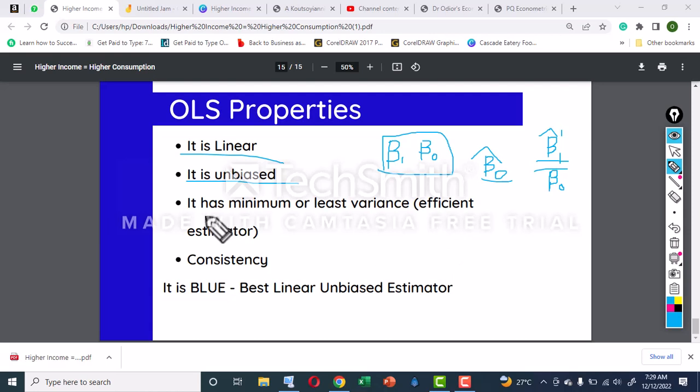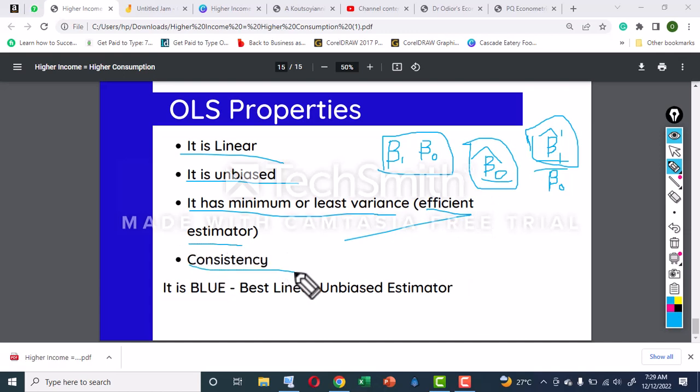Then another property is that they must have the minimum or the least variance. This makes them an efficient estimator. Your estimated beta should have the least variance, the minimum variance. That's what makes them the efficient estimator, and they must be consistent.